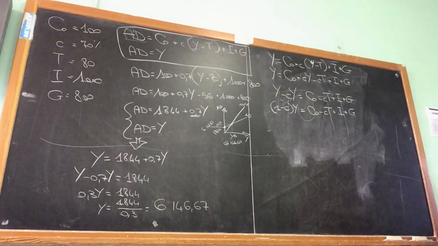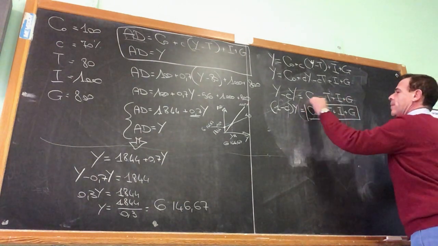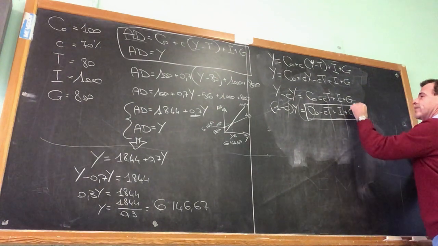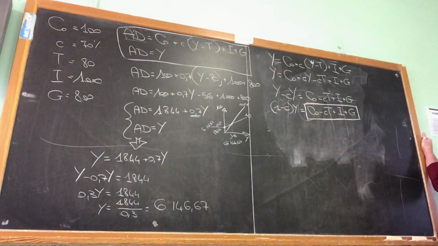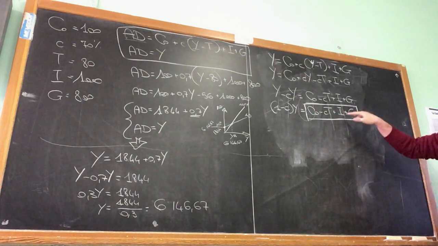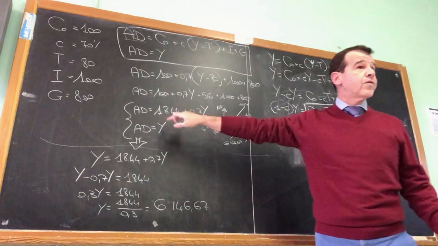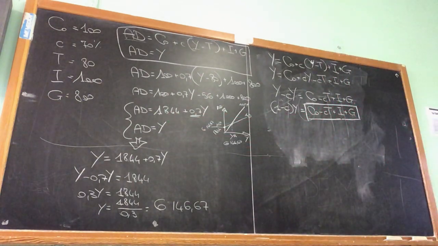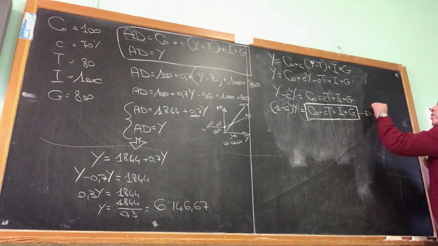Sure? Great. You agree with me that all those are numbers? Correct? All those are numbers because all those was 1844. Okay? So to simplify our life, we call them A.